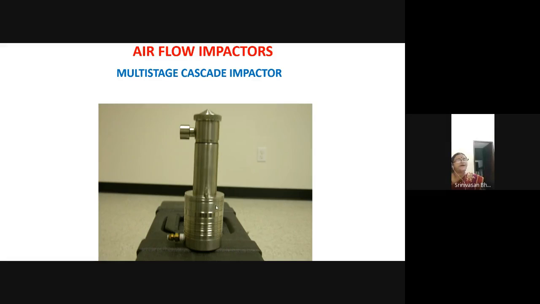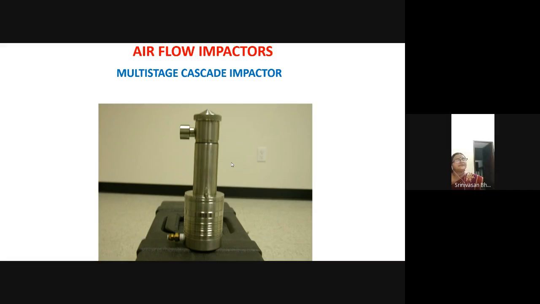This is made of stainless steel, and you can see the slot here, which is connected to the vacuum pump, and this is the inlet. So there are different stages through which the air goes, and this whole sampler is made intact with the gasket rings.